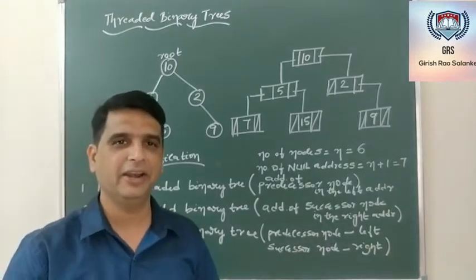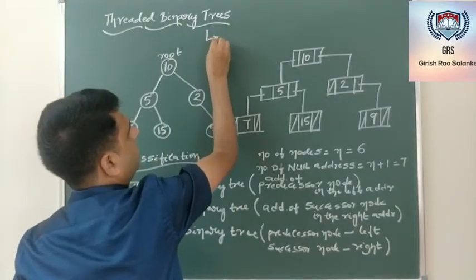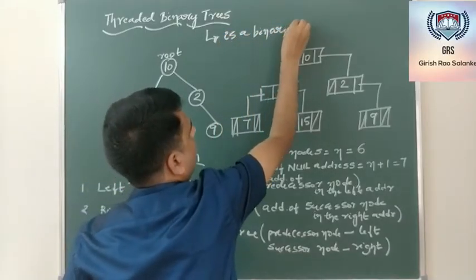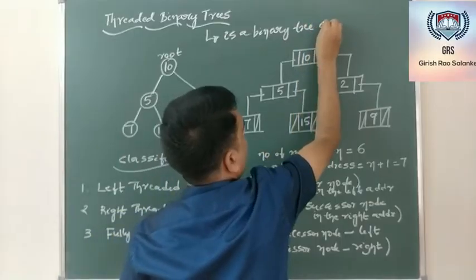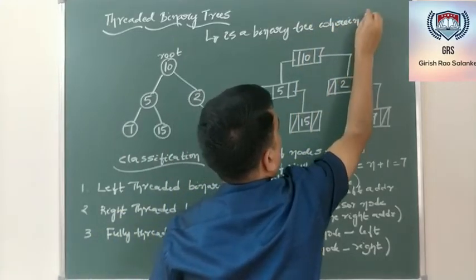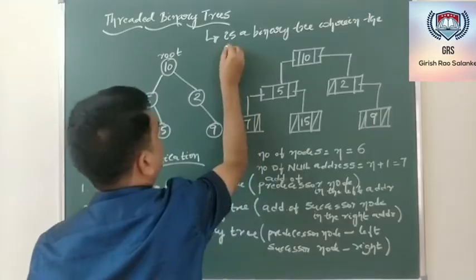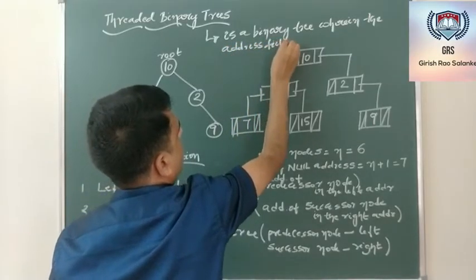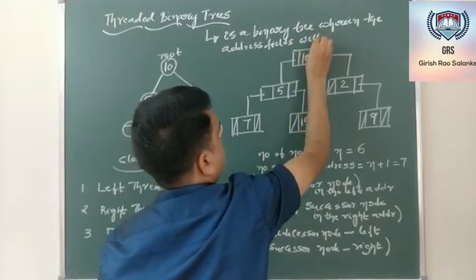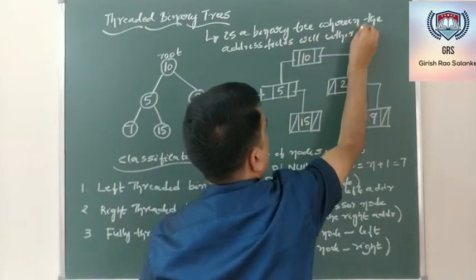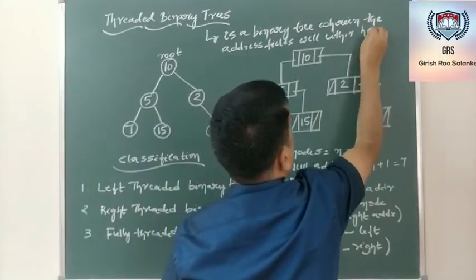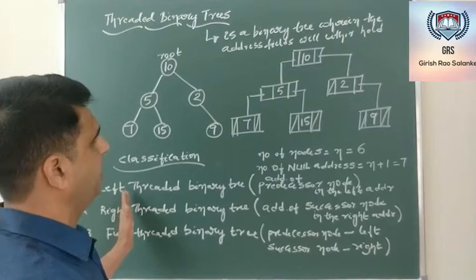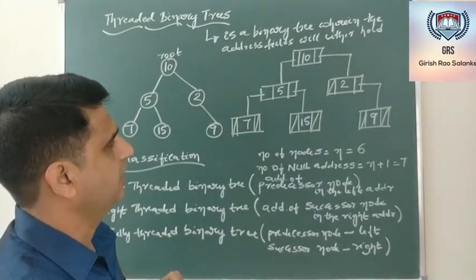So what is a threaded binary tree? A threaded binary tree is a binary tree wherein the address fields will hold the address of the predecessor or successor node. If it is a left threaded binary tree, it will hold the address of the predecessor node.